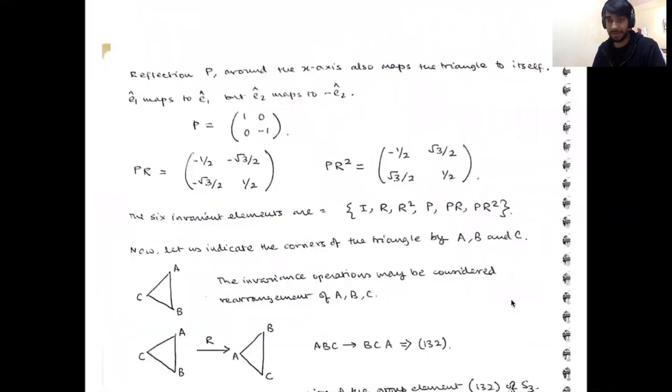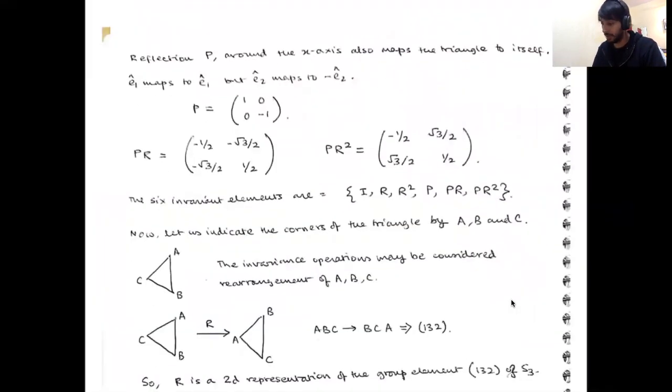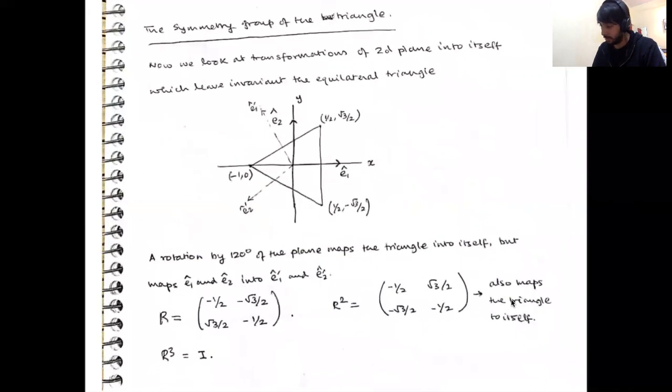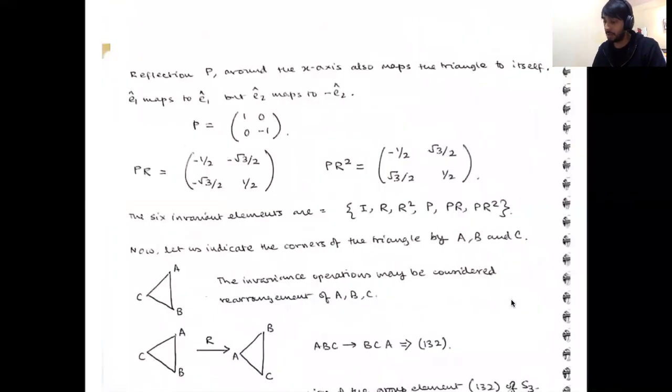So that's symmetries, and there's another one as well. If you look at the x-axis, and you look at reflections around the x-axis, that is also a symmetry, right? So E1 is going to map to E1, but E2 is going to map to minus E2.